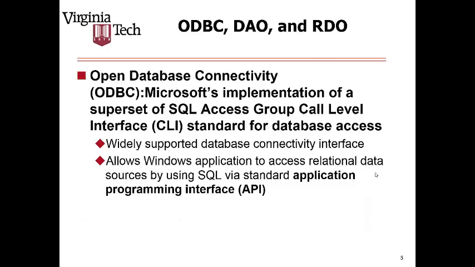Well, open database connectivity is the way that we used in our online survey system to connect to the database in Microsoft Access. What you do is you go into the control panel, and under administrative tools you'll find a panel called ODBC administration.